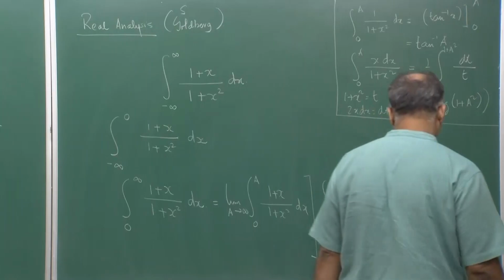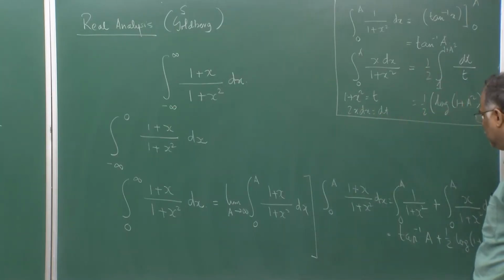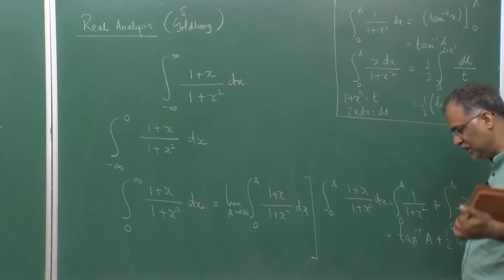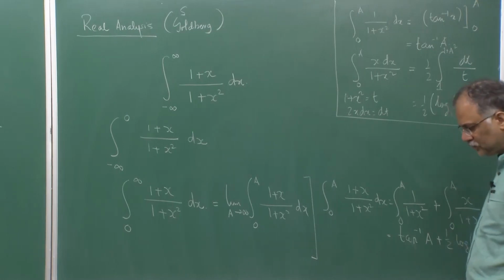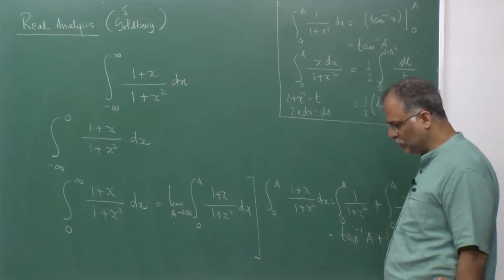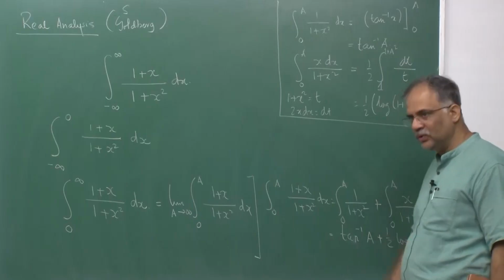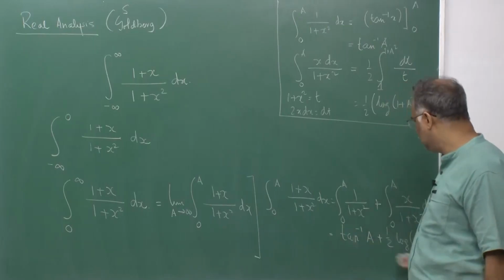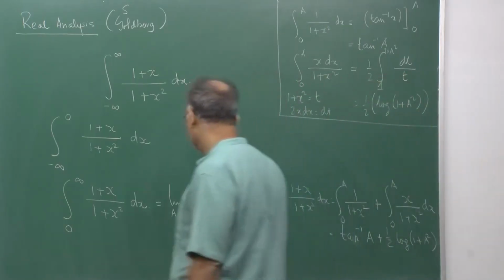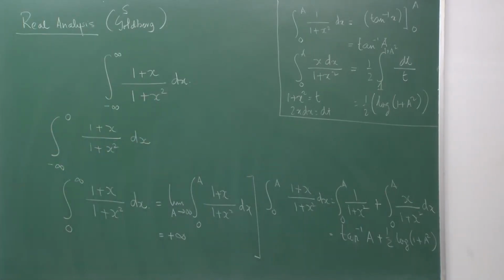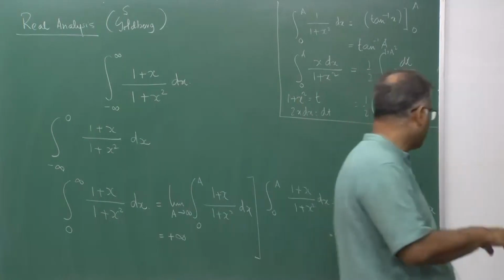If you draw the graph of the tangent, and look at tan inverse a, as a goes to infinity, tan inverse a also goes to infinity. So, these two are becoming infinite. So, this limit is plus infinity. If one of them does not exist, the other obviously, even if you do not calculate, does not have any problem. So, you just calculate one of them.